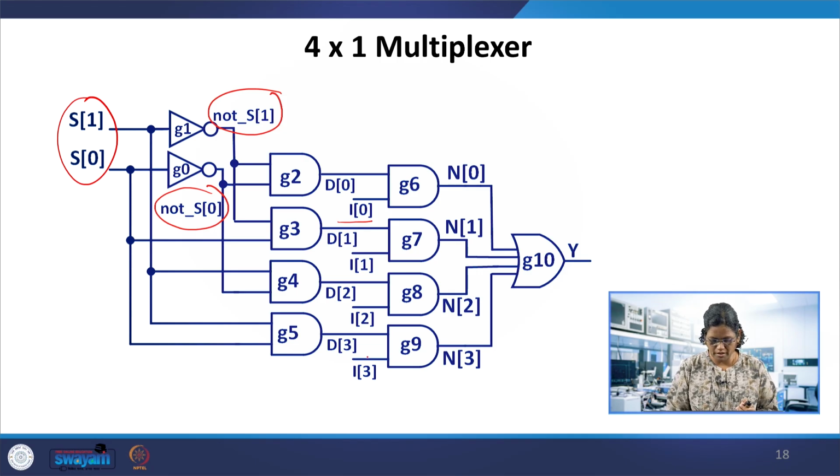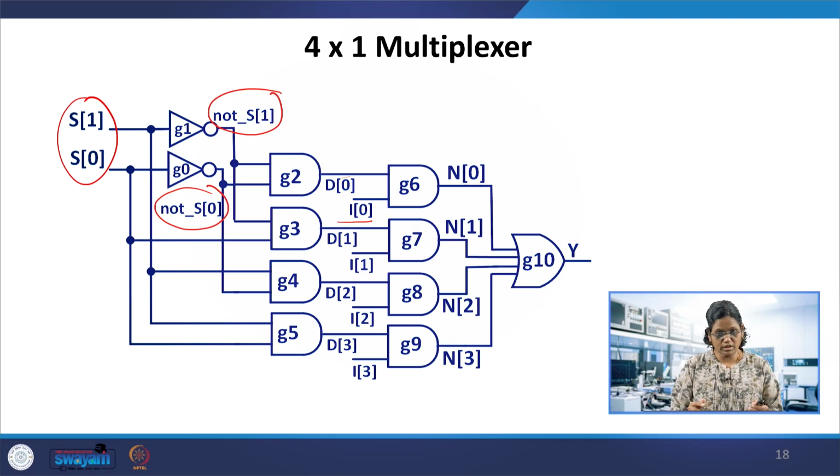These are combined as one vector with 4 bits. The input I is combined as one vector with 4 bits. Similarly, the outputs of G2, G3, G4, G5 are named D, which has 4 bits. The outputs of G6, G7, G8, G9 are named N, which has 4 bits, and the output Y is 1 bit.